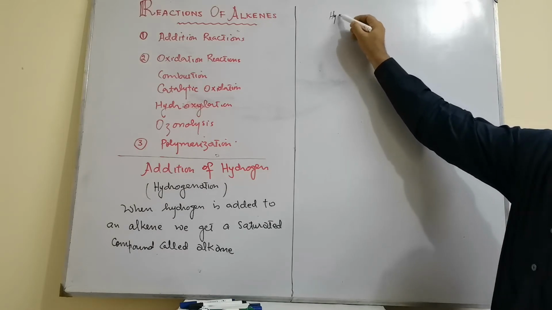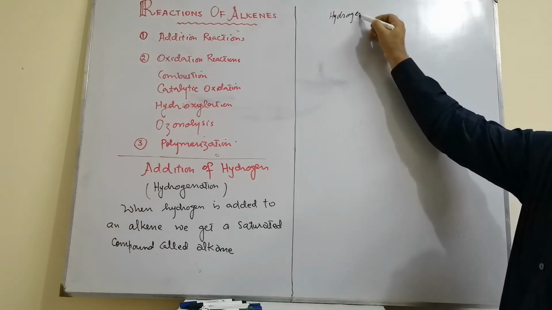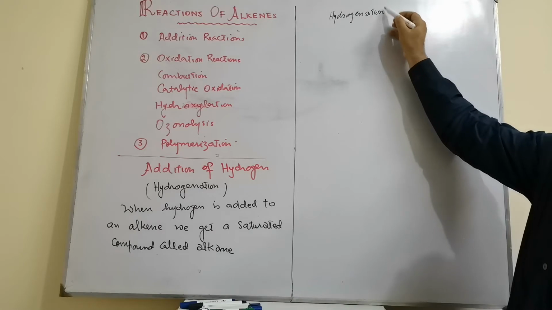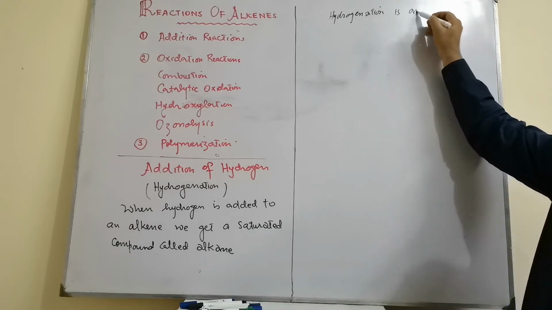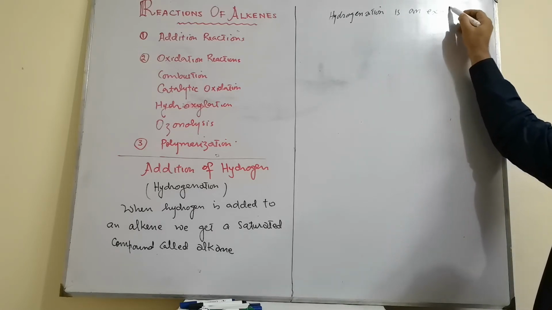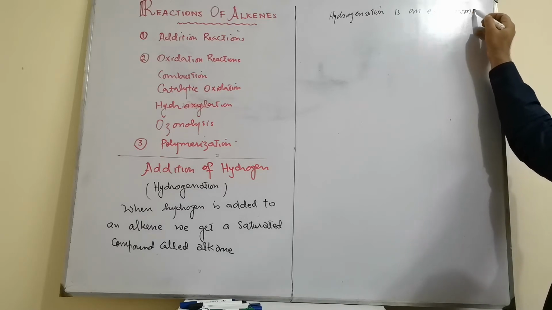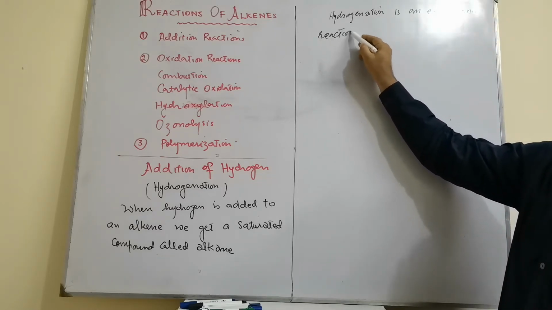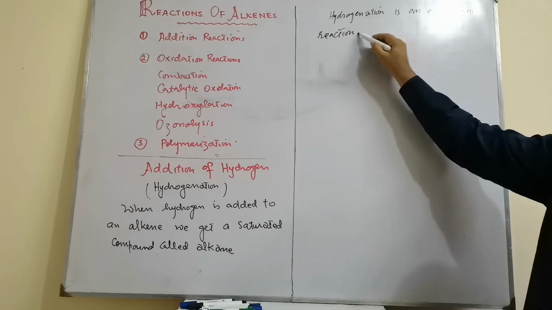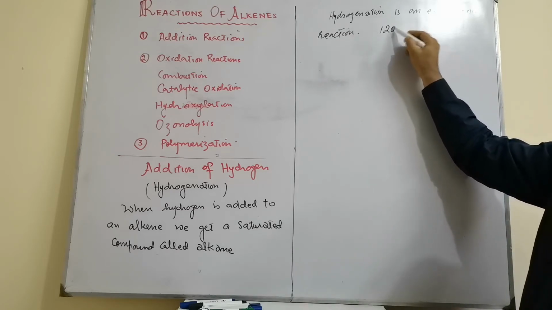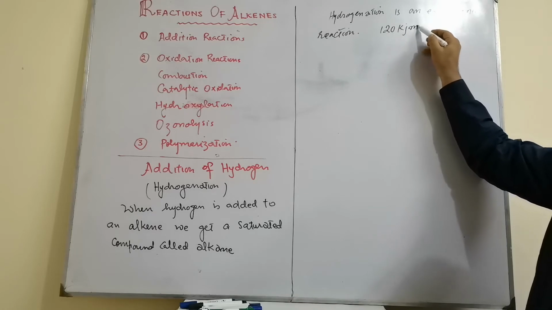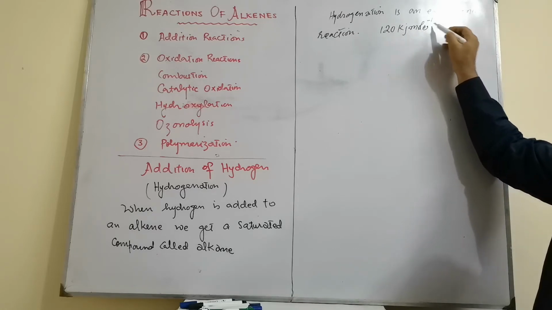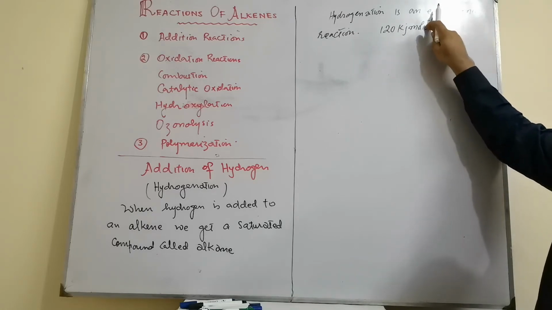You must know hydrogenation is an exothermic reaction. A large amount of energy is released, 120 kilojoule per mole per double bond.